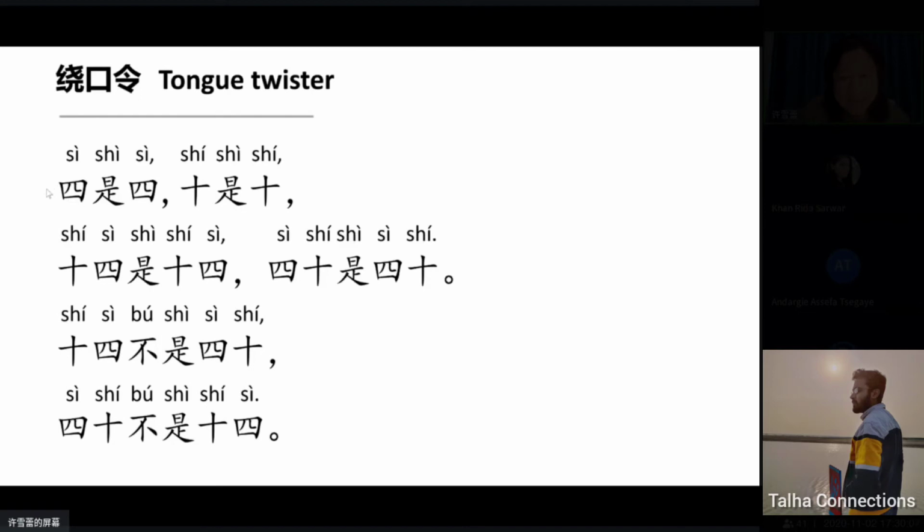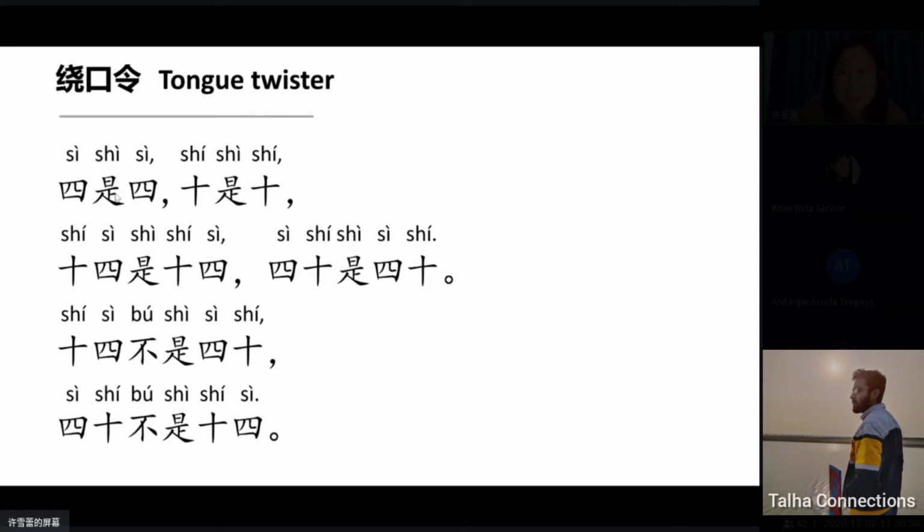四 is 4. And this one, 是, what does it mean? Here, is. That's right. Is, are, am. That's the be verb, right? Very good.